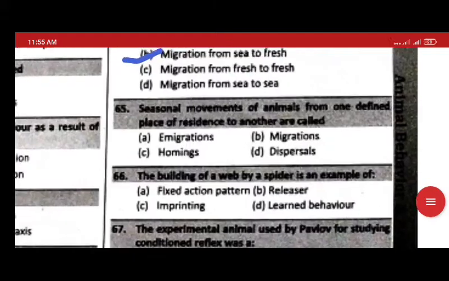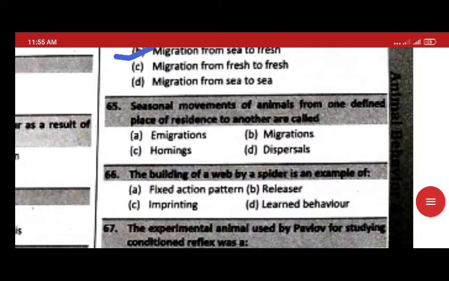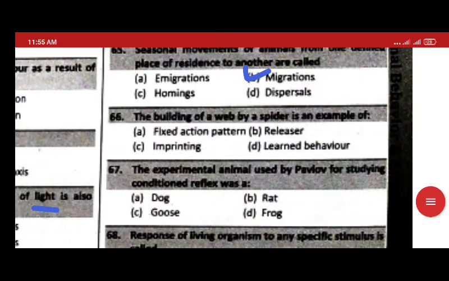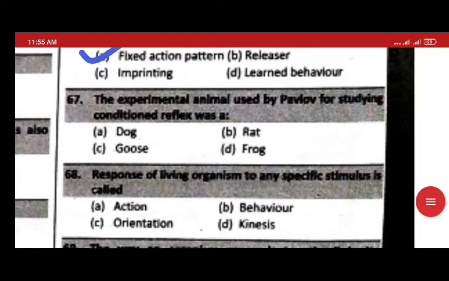Now 65, seasonal movement of animal from one defined place of residence to another. So seasonal, migration. Now the building of web by a spider is an example of fixed action pattern, because a spider always does this.